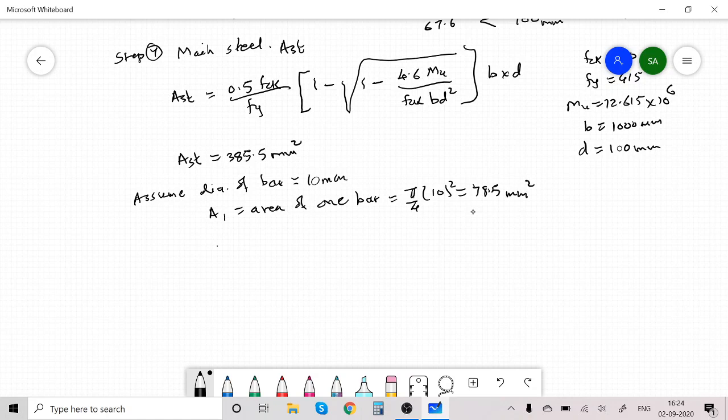Then find the spacing of this bar, which is equal to A1 upon the AST into 1000. A1 is 78.5 divided by AST 385.5 into 1000.